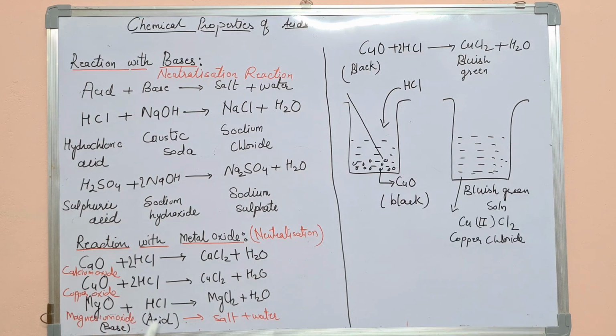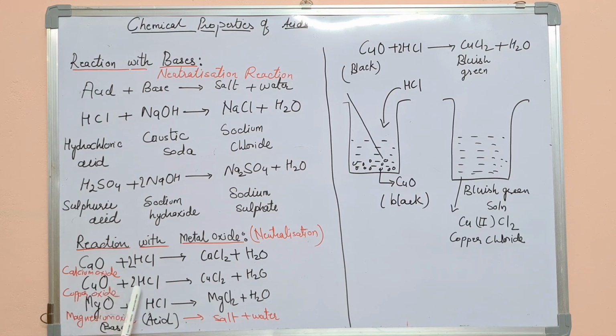HCl is acid and all these metal oxides, which metal oxides? Calcium oxide, copper oxide, magnesium oxide, all these metallic oxides are basic in nature. So that is why this reaction is a reaction between base and acid to form salt and water. So remember, this reaction is also called neutralization reaction. Second example, copper oxide, CuO.